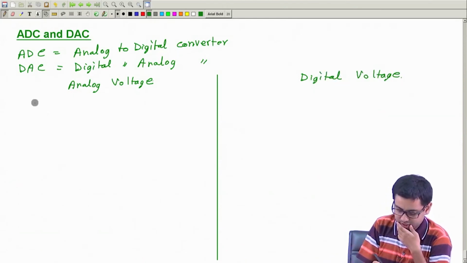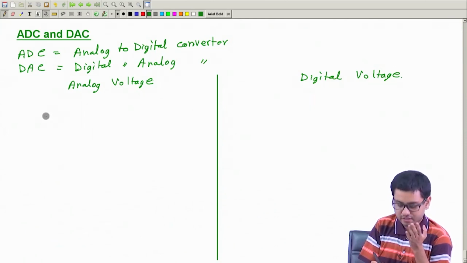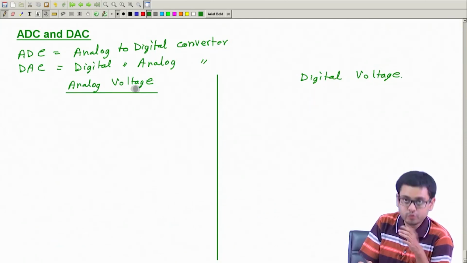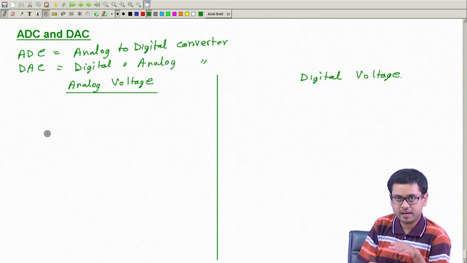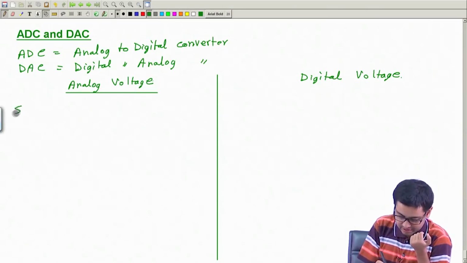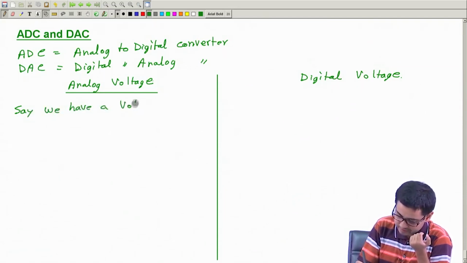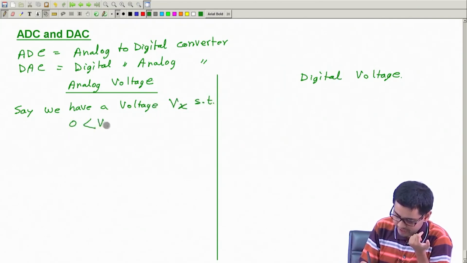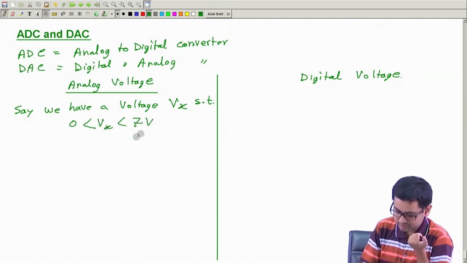Now say we have a voltage which lies in the range 0 to 7 volt. Say we have a voltage Vx such that 0 < Vx < 7 volt.